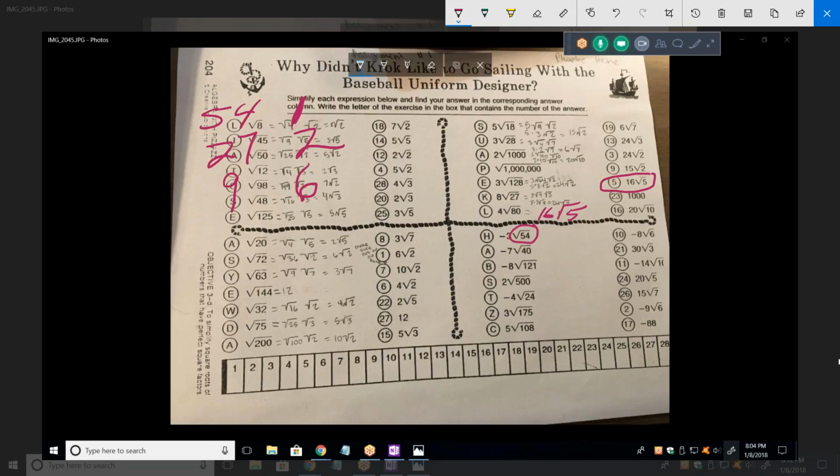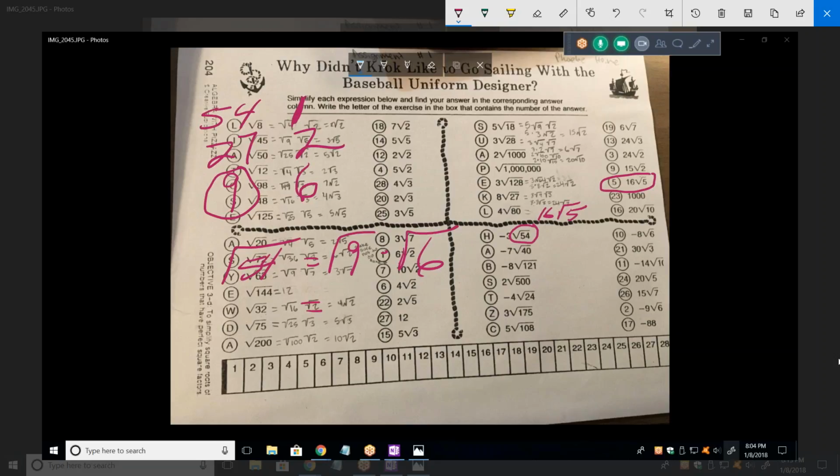So those are 2 factors, and that's a perfect square number. So that's got to be it. So the square root of 54 is going to be equal to the square root of 9 times the square root of 6, which is what?